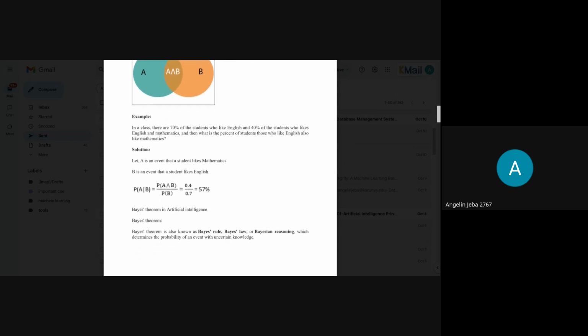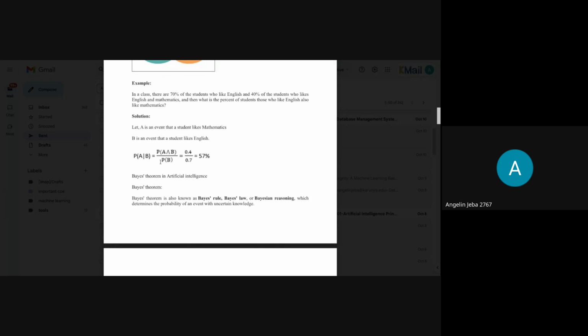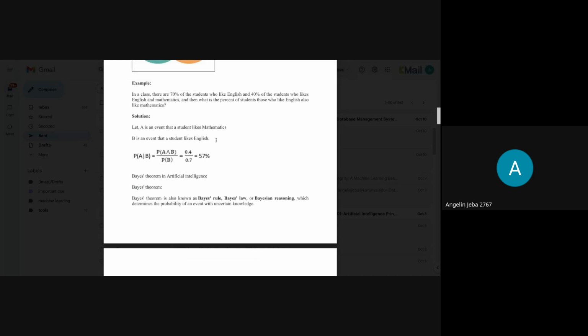For example, consider there are 70 students who like English and 40 students who like English and mathematics. So 40 divided by 100 is equal to 0.4. Then what is the percentage of students who like English and also like mathematics? So A and B is given by P of A intersection B, the probability that people like both, which is 40 divided by 100, equal to 0.4.